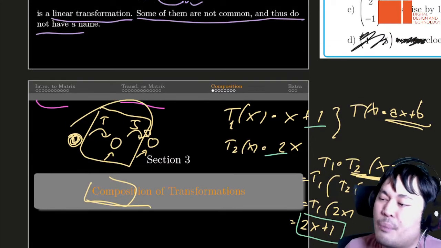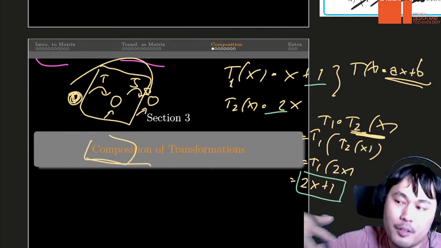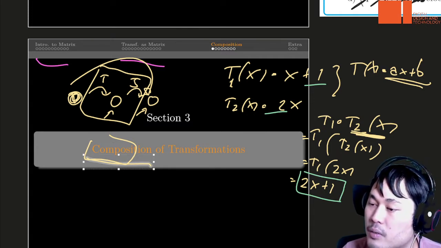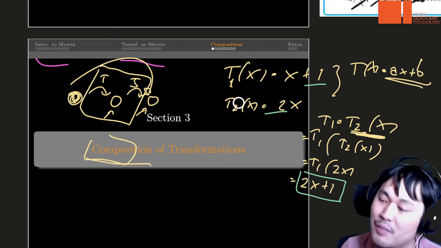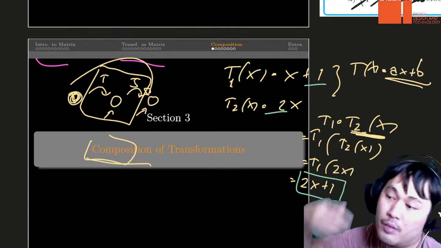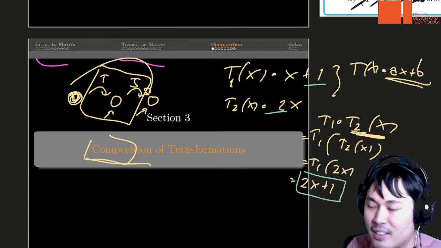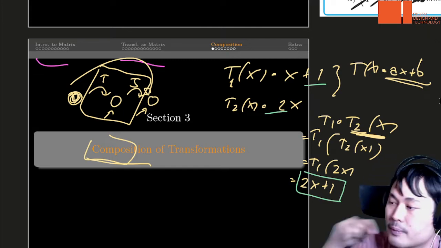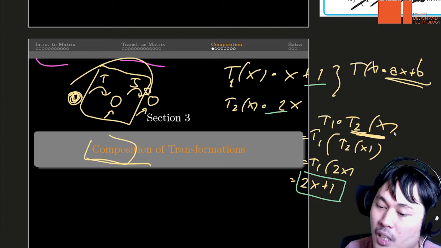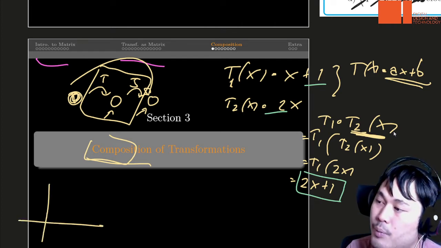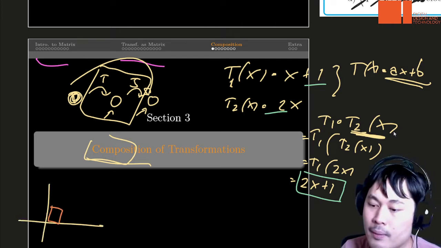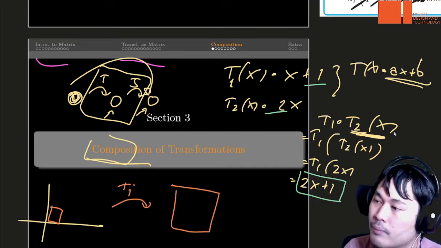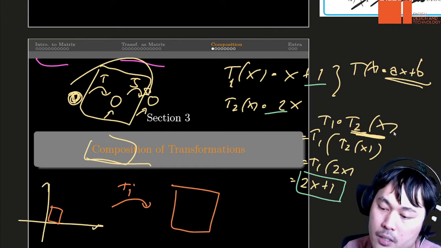And likewise, we move on from 1 dimension to 2 dimensions. We can still compose things, because if you can explain them verbally, then of course we can explain the same concept using a matrix. For instance, suppose we start with this square. Suppose in the first step we increase the size by 2, so in this case we start from dilation.